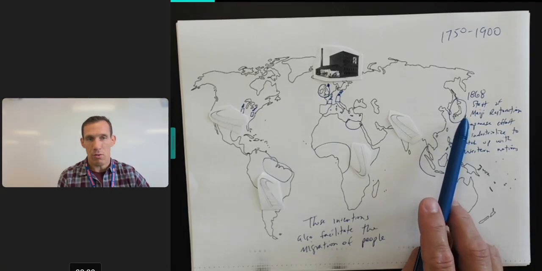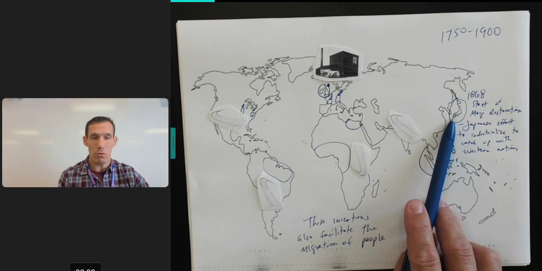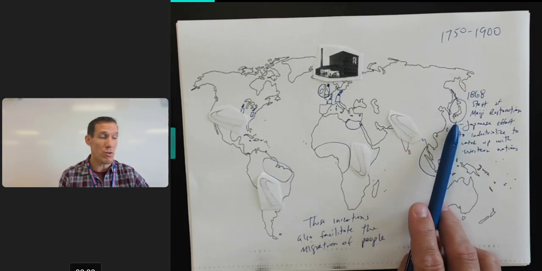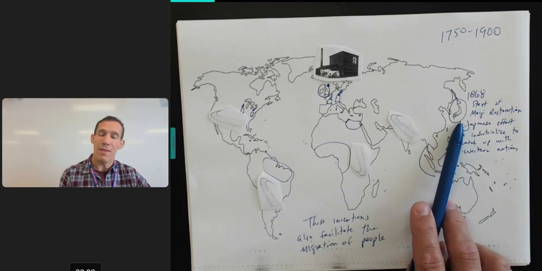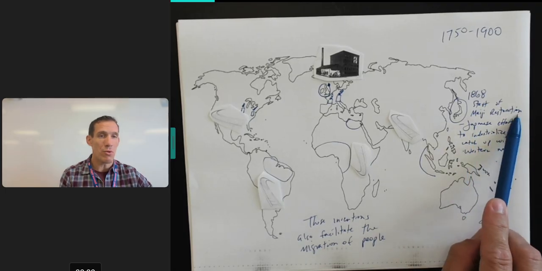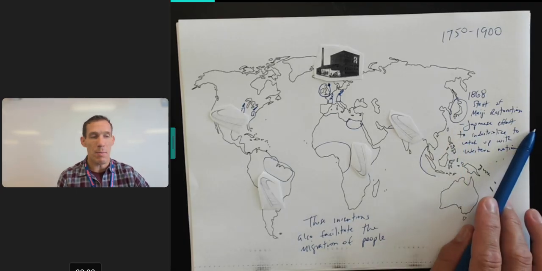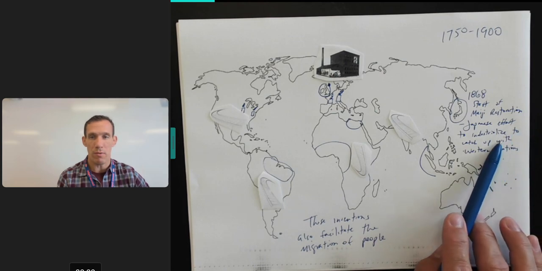And so that search for resources is going to cause them to invade and look for resources in some existing countries here, like China and then parts of Southeast Asia. And then that expansion of Japanese interests and territories is going to go this way too. And that is going to end up pushing up against some American interests later on in the 1900s. And that will ultimately start leading to what we call World War II, where you have Japan and America fighting over islands here in the Pacific Ocean.